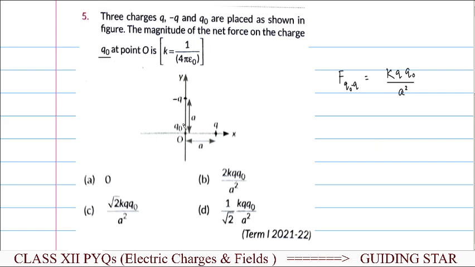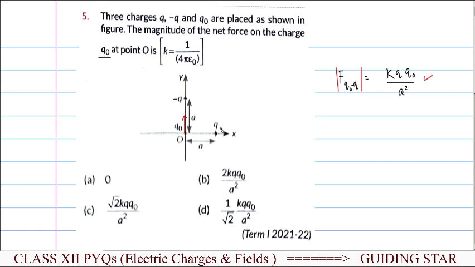As this is a negative charge and q naught is a positive charge, there will be attraction between them, and the direction of this force on q naught due to minus q will be towards the given charge. So magnitude wise the force will be this one.